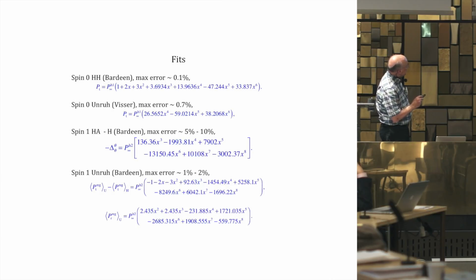So for the Unruh vacuum, we have this expression for the difference, and notice these large coefficients. That doesn't mean that the result is large. It means the alternating signs largely cancel, but it's what is necessary to fit the curve.